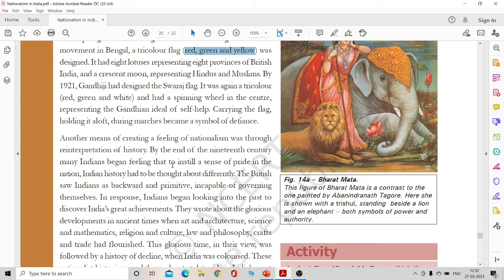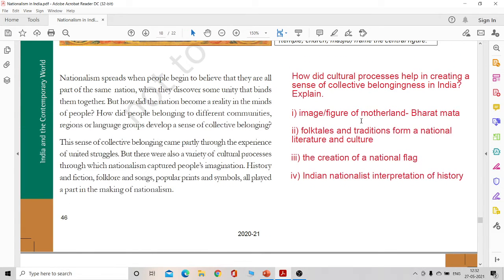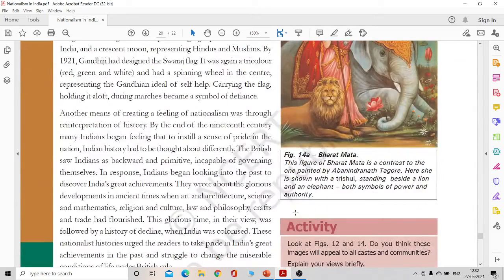Okay. Next, moving on, the 4th point to the question of collective belongingness is the Indian nationalist interpretation of history. Here you have to mention how the British had created a history where Indians were backward and primitive and incapable of governing themselves.